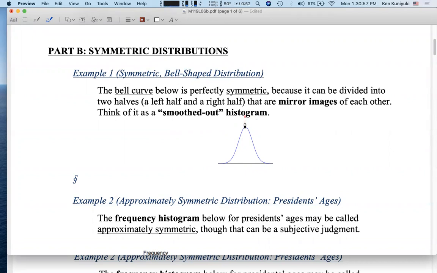We can imagine a vertical line called an axis, and if you have perfect symmetry, the left half and the right half of the curve are perfect mirror images of each other about this vertical axis. So again, the bell curve below is perfectly symmetric because it can be divided into two halves about this vertical axis. The two halves, the left half and the right half, are mirror images of each other, and we have perfect symmetry.